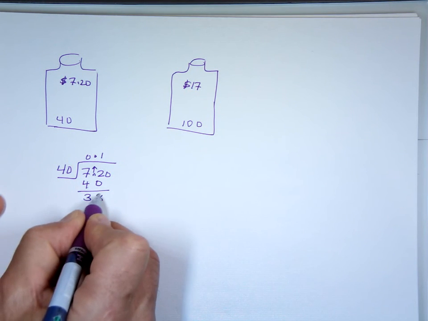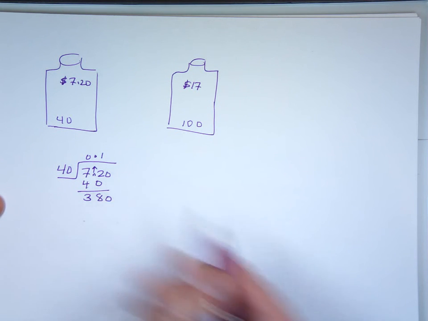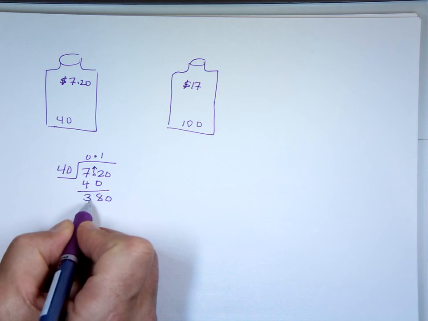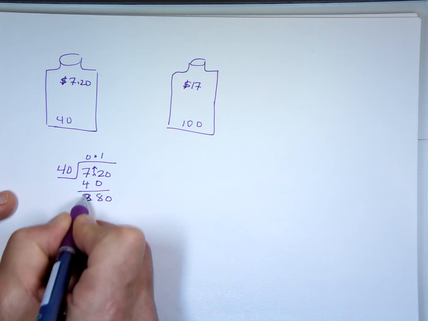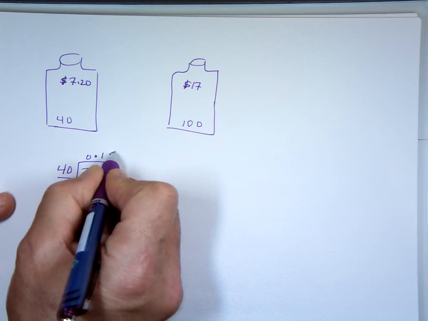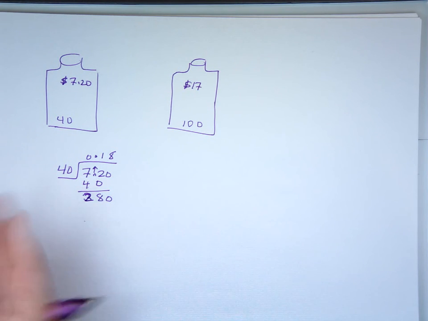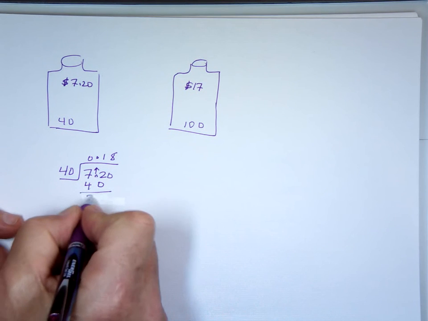Bring that 0 down. 0 from 2 is 2, 4 from 7 is 3.